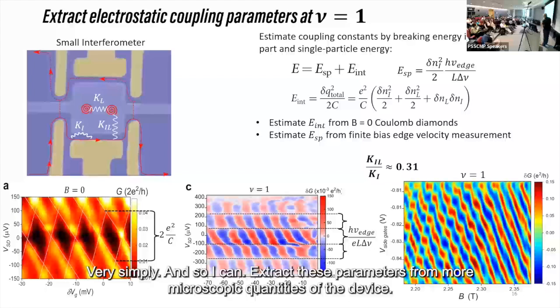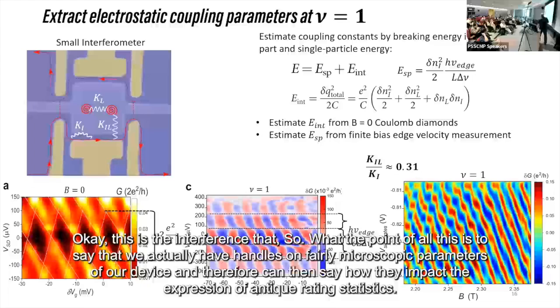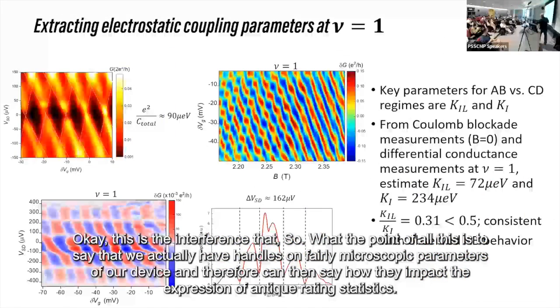And so I can extract these parameters from more microscopic quantities of the device and extract out my own KIL to KI ratio, and it's approximately 0.31. Pretty close to the value extracted in a completely different way at nu equals 1 from the interference patterns. Okay, this is the interference at nu equals 1.